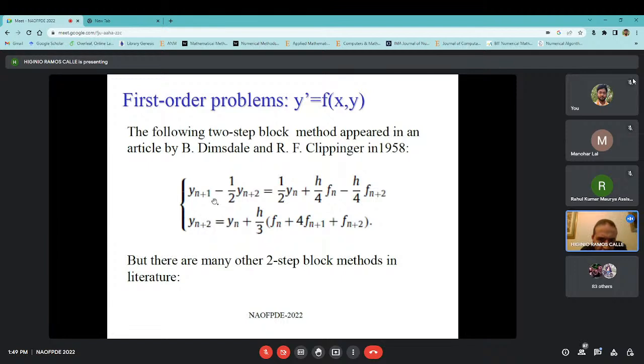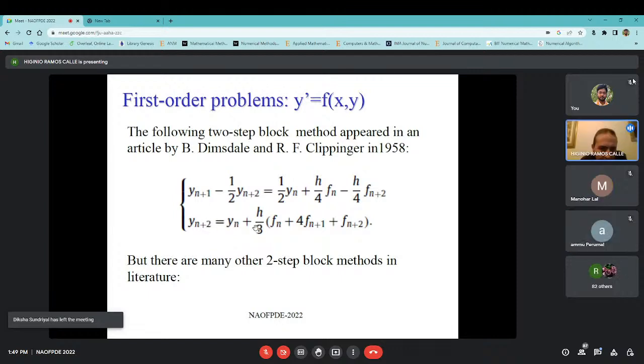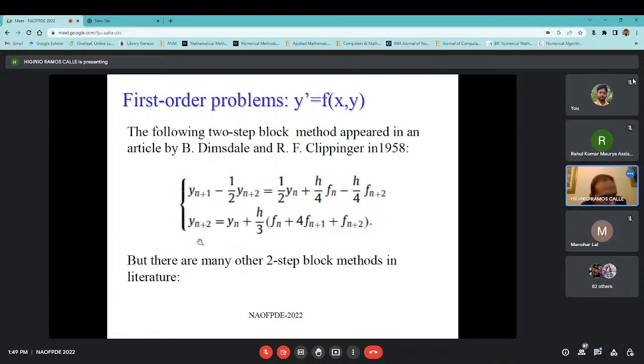And you see that it consists of two formulas, so two linear multi-step formulas, where the approximate solutions at xm plus 1, xm plus 2 are given at the same time after solving this system. So this is a system of equations that produces the two approximate solutions.